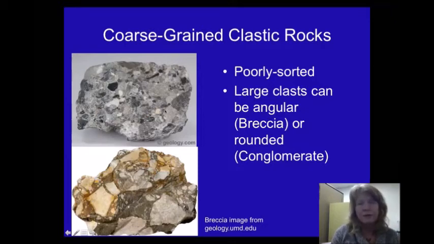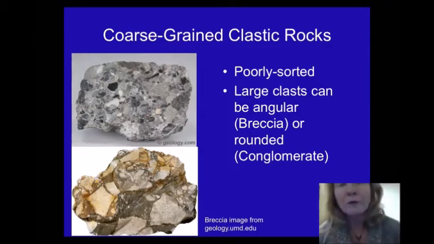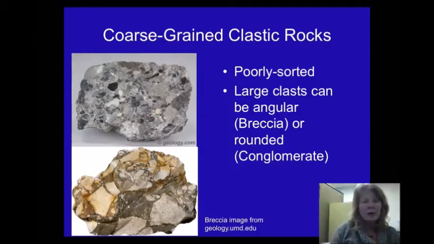Coarse-grained clastic rocks have some component of them, or a significant component, that is composed of larger than sand-sized particles, so pebble or gravel-sized particles, I should say. So that means that the rock is poorly sorted, or the clasts in the rock are poorly sorted, a variety of size.